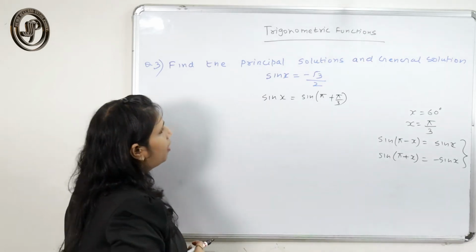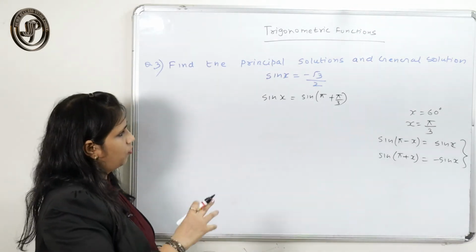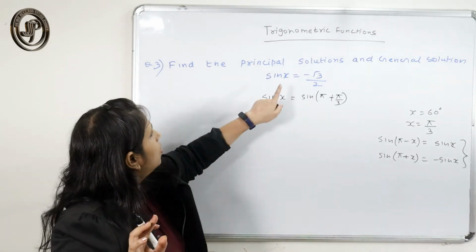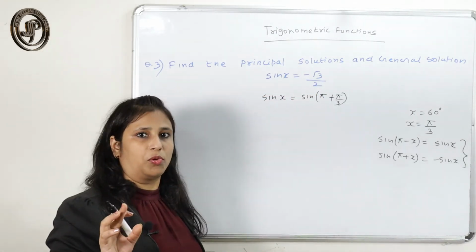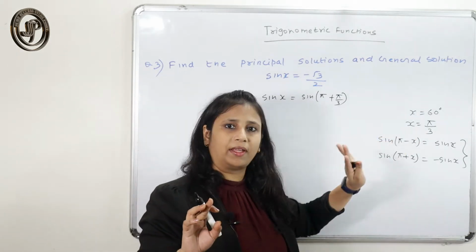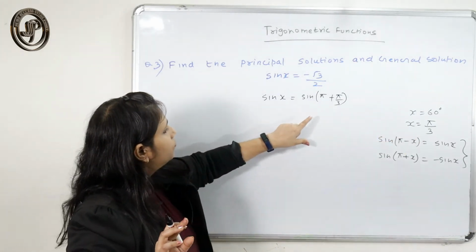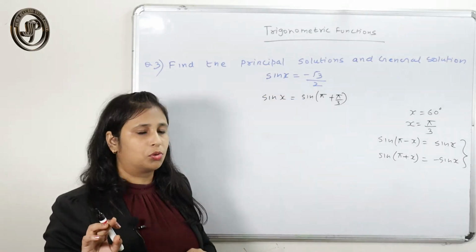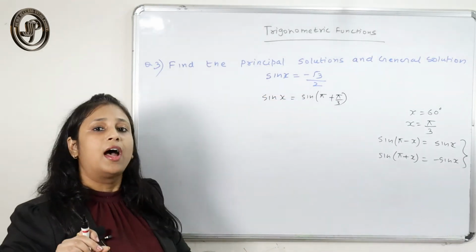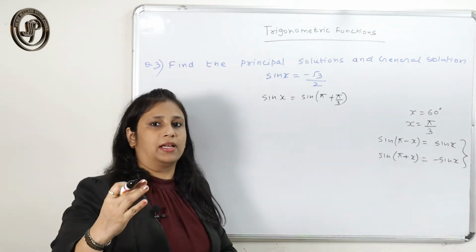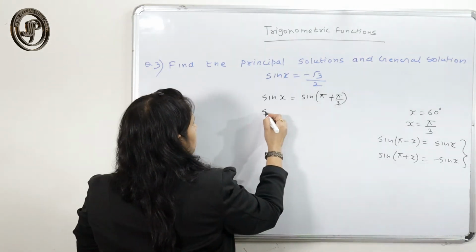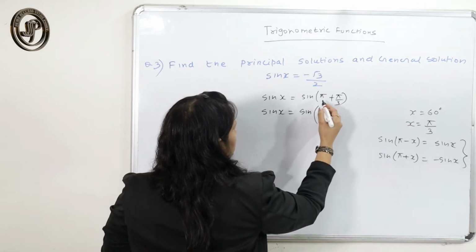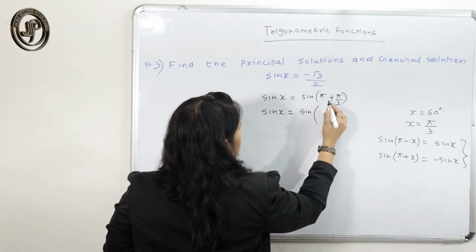You have to substitute the value. First I find the value of x. The value of x on root 3 by 2 is pi by 3. Now since the sign is negative, in order to make the sign negative, I have to go to sin of pi plus. So sin x equals sin, this will be how much?